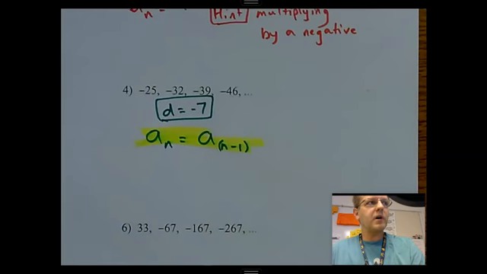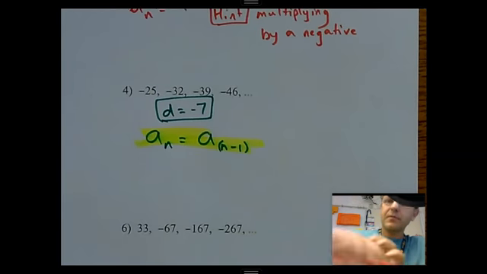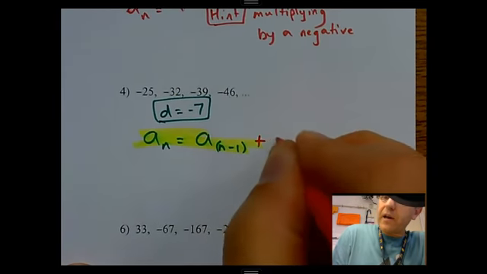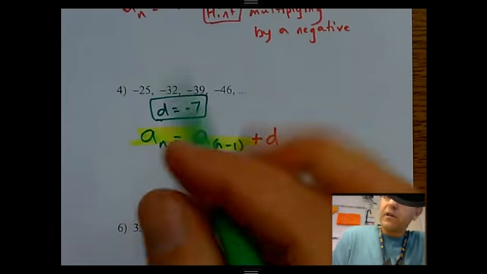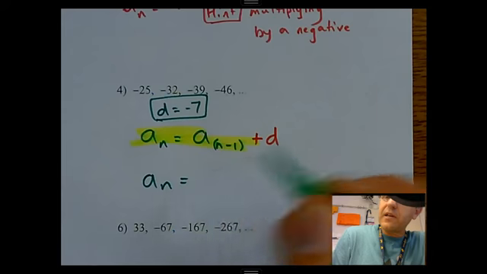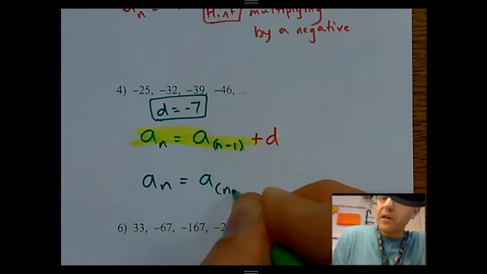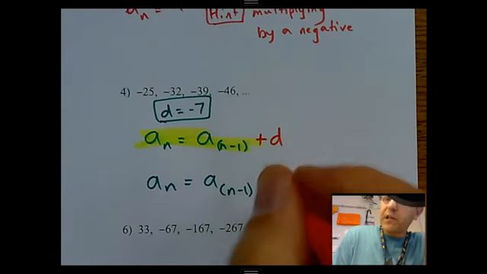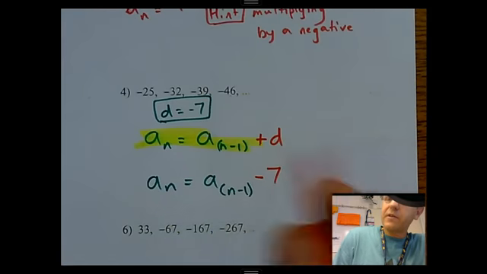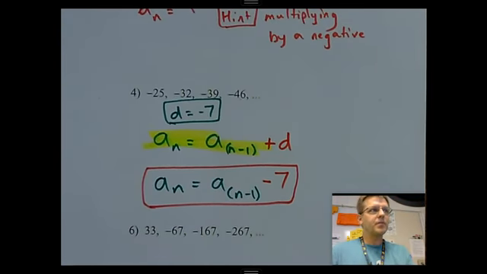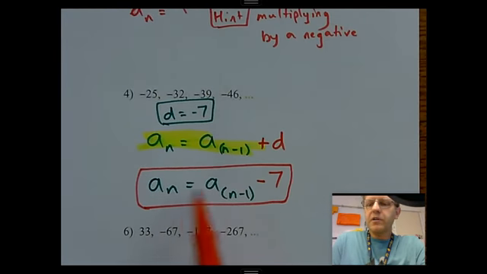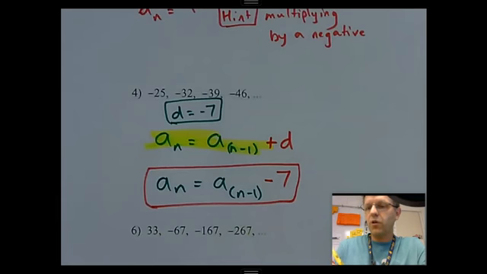So that first part is the same every time, and then you add your common difference. That's the part that's different. So you've got a sub n is equal to a sub n minus 1 plus or minus 7. It's a subtract 7, so let's just do it like that. Cool? So the green part stays the same every single time. All you're changing is your common difference. That's all that changes. Let's do a few more.